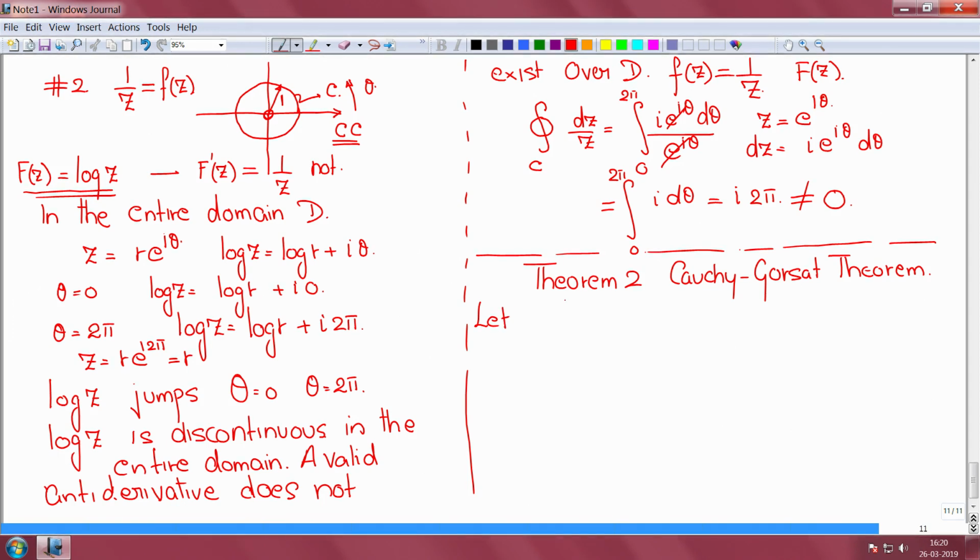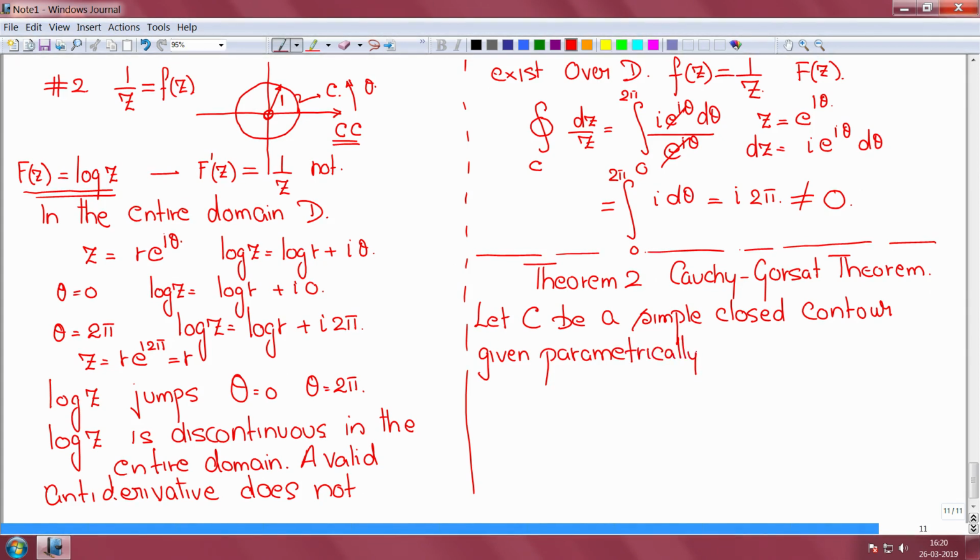Let C be a simple closed contour, SCC, given parametrically as z equal to z of t, where a less than or equal to t less than or equal to b.